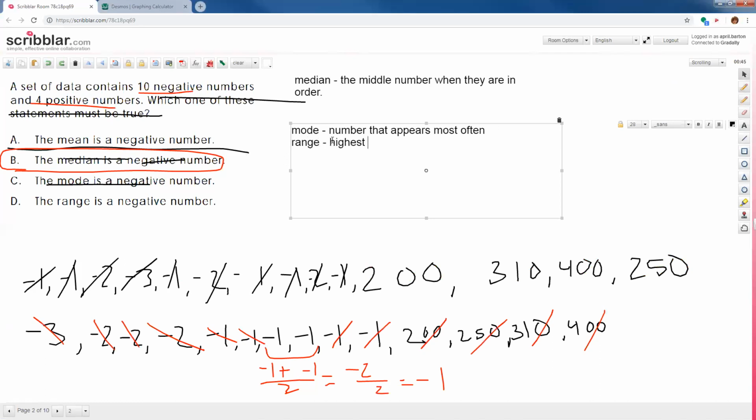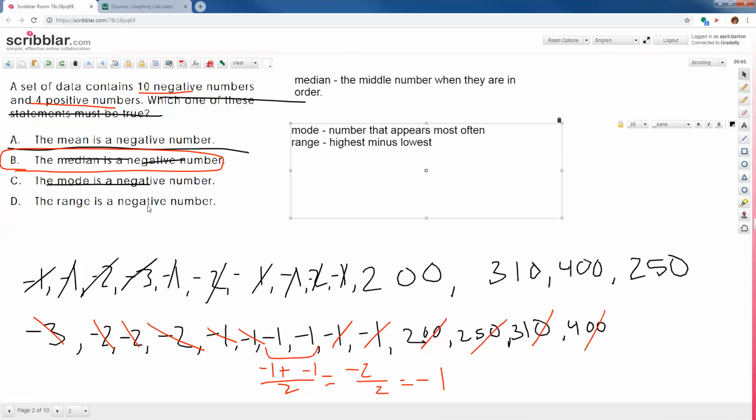It's the same as that box and whisker plot. So mode right now is -1 because of the way I chose my numbers. But if I chose all different negative numbers and all the same positive, then my mode would be positive instead of negative. So that's how mode could be positive.